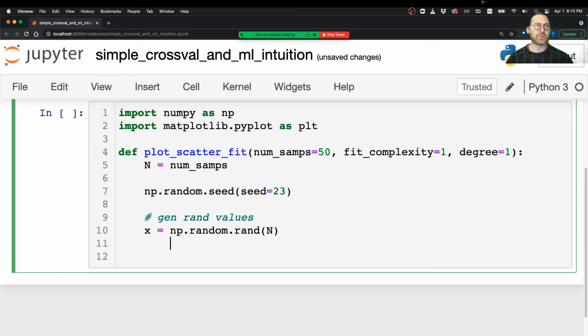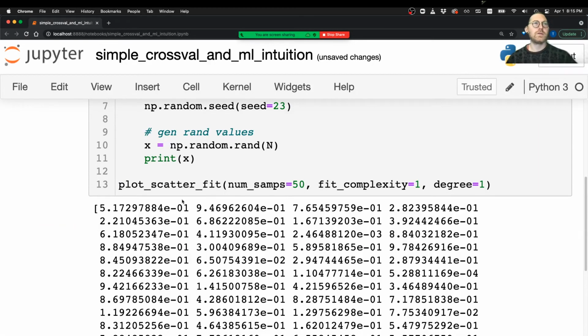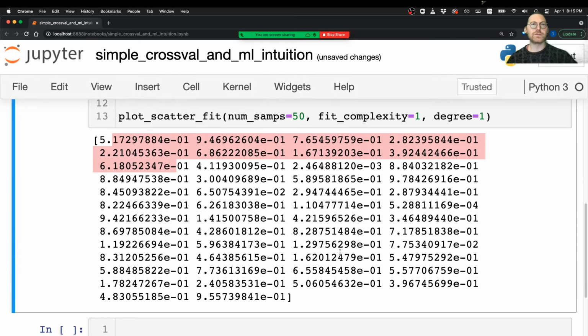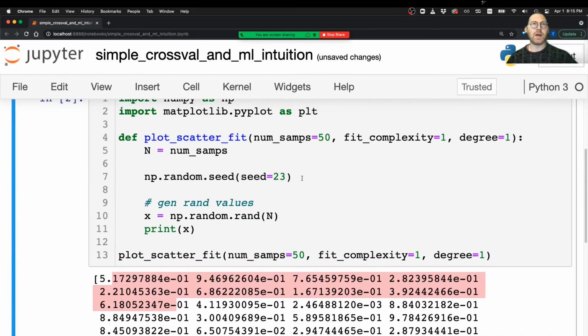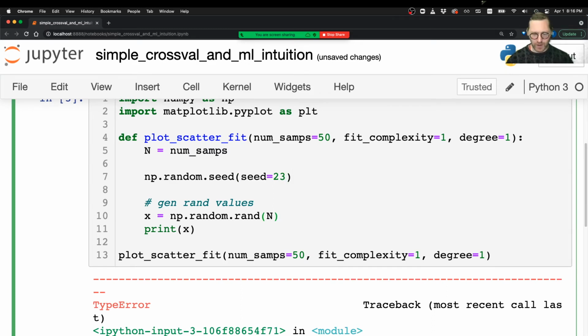Why don't I just print x, and I'll call this function really quick. So that's what that looks like. You can see these are all floats. And I'm going to take those floats and I'm going to make them bigger. Oop, that doesn't make sense. I put that in absolutely the wrong spot.